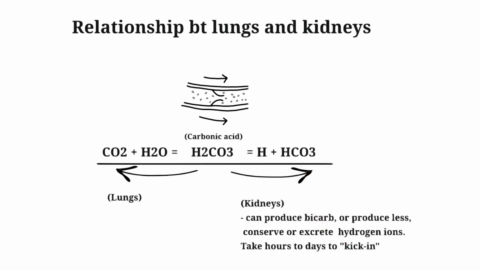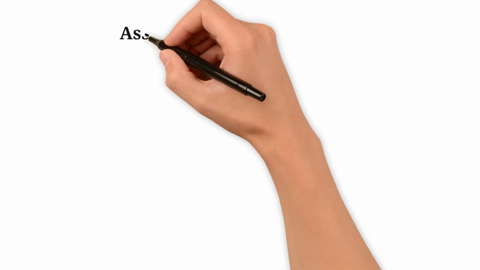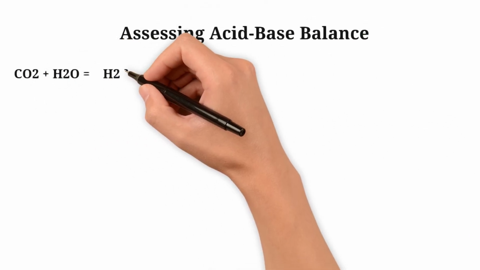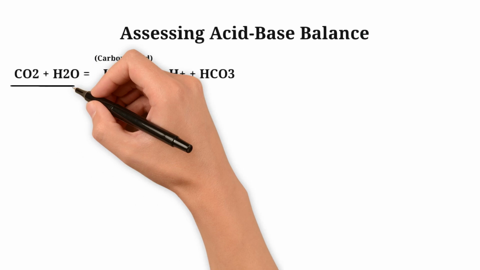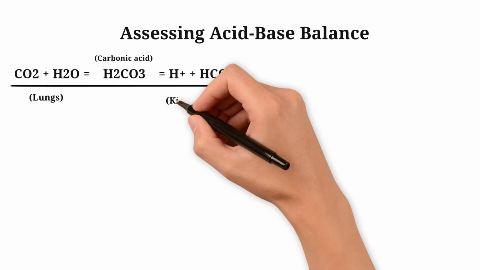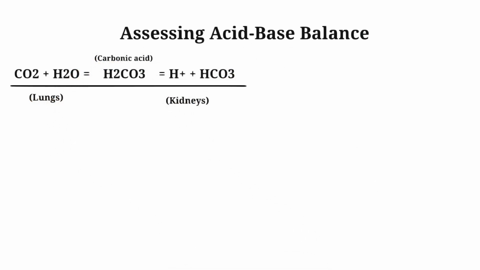Alternatively, we've got the hydrogen and the bicarbonate, and the kidneys can regulate that. Now, in terms of assessing the acid-base balance, we've got our formula. And remember, the lungs is to do with the CO2, the kidneys generally with the hydrogen and bicarbonate. And I'll put our normal ranges up here, which we've just spoken about.